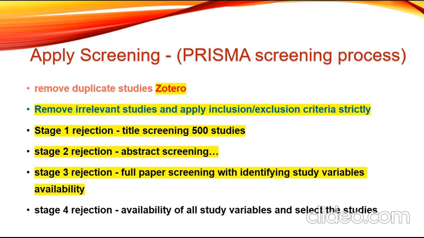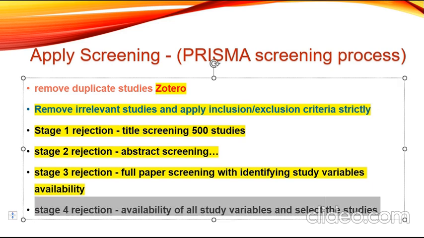So check whether a quantitative outcome is given for your study variable or not, and based on that, select your study. If there is unavailability of study variables, you should skip that study, otherwise it will not give you authenticated results. Then stage 4 rejection is availability of study variables, and selecting the studies.